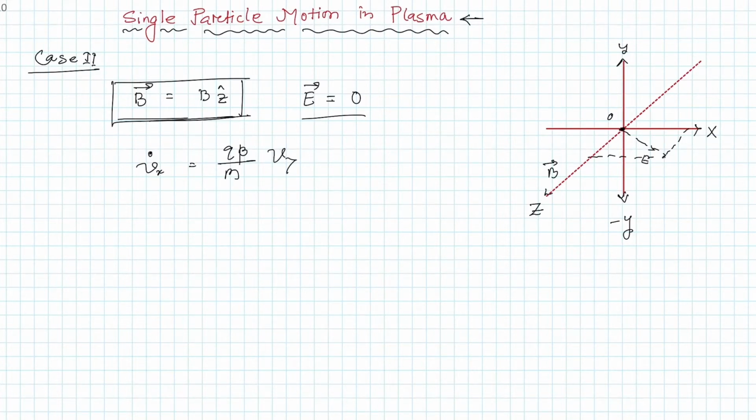Then we also got that vy dot is equal to minus qB by m vx, and we had got that vz is equal to constant.